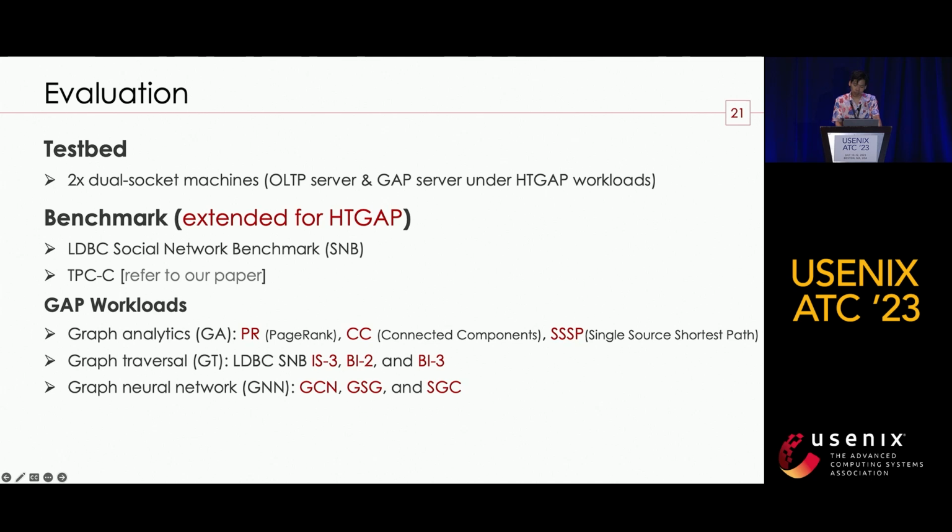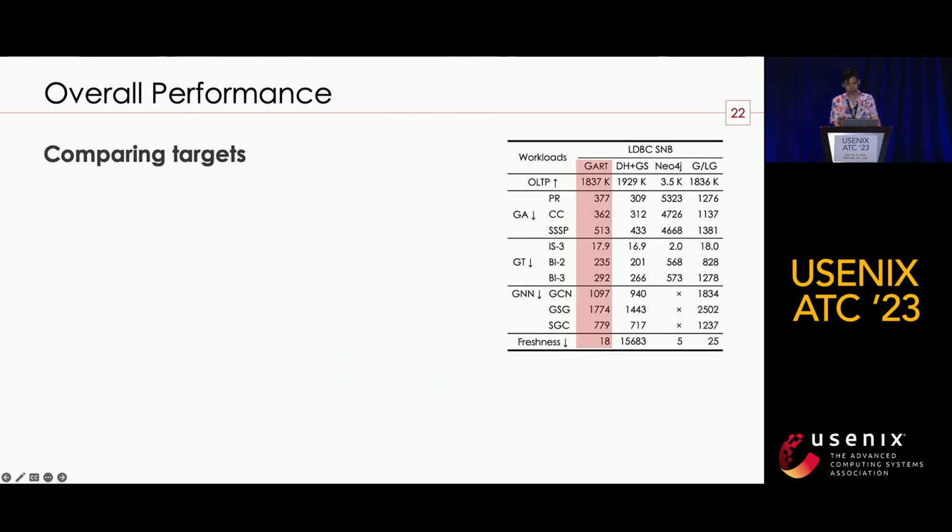To examine how GAT performs under various HTGAP workloads, we selected a range of GAP-specific workloads focusing on analytical traversal and Gremlin. We compared GAT with the offline solution combined with the state-of-the-art OLTP system, RTMH, and the graph system GraphScope, which are the same OLTP and GAP execution engines as GAT.